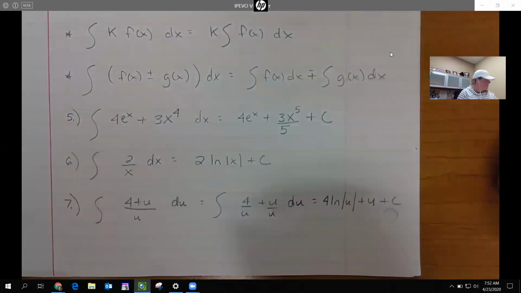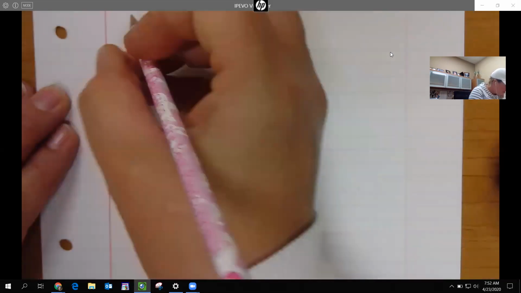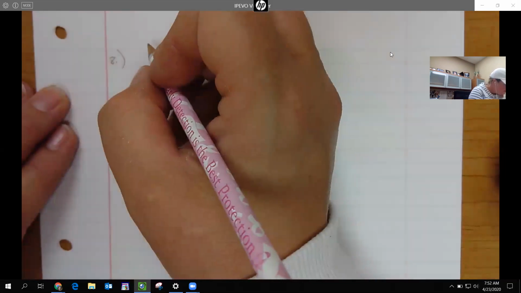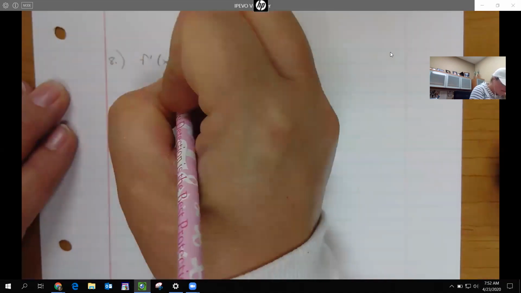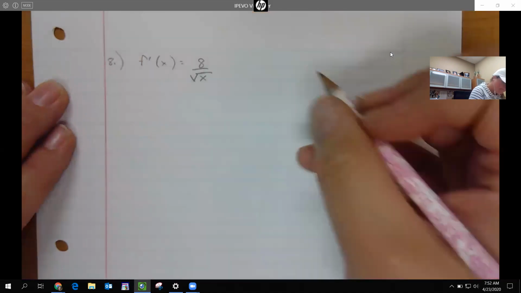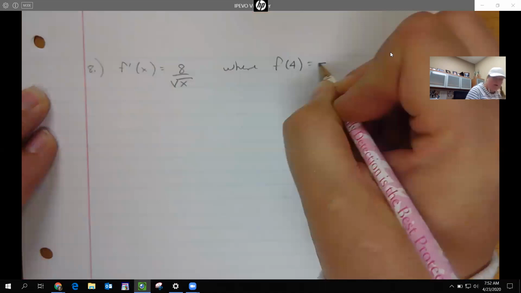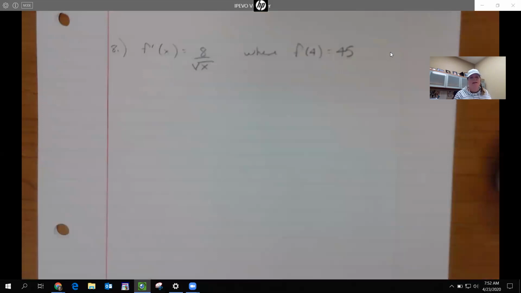I'm going to use different notation. Okay, so I've given you a couple pieces of information on this one.